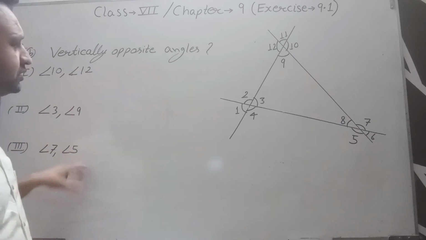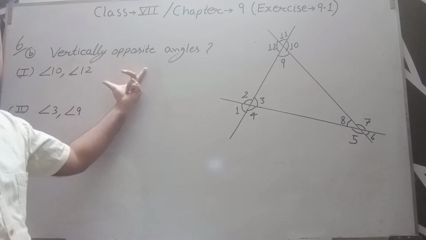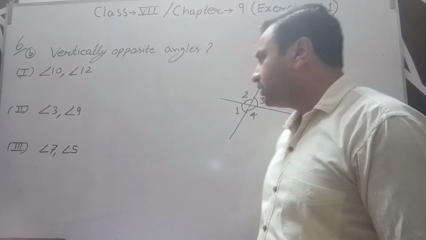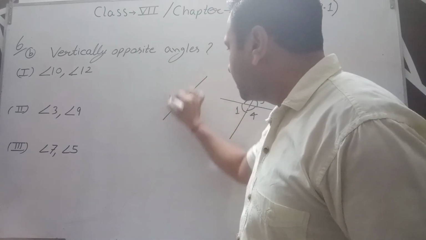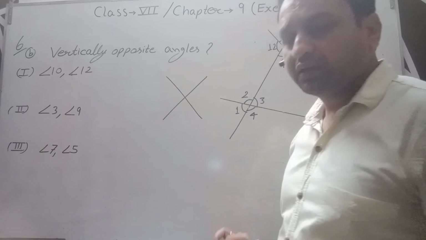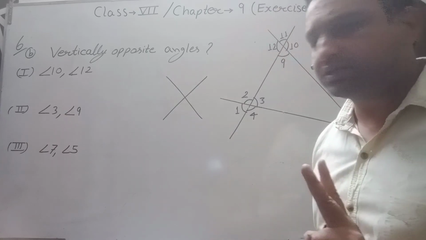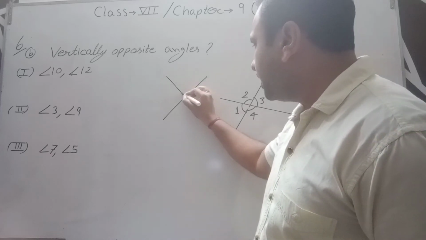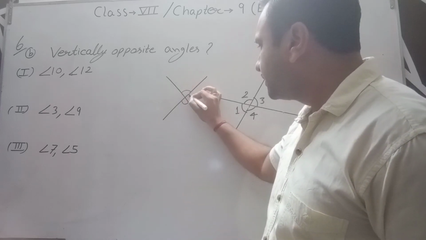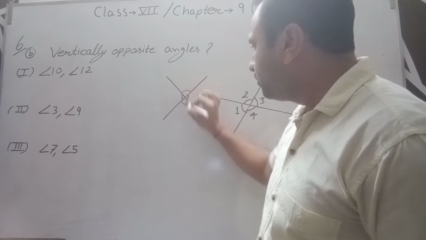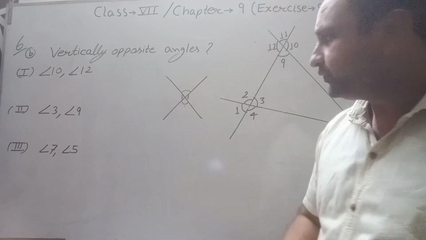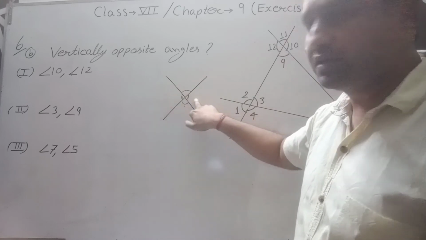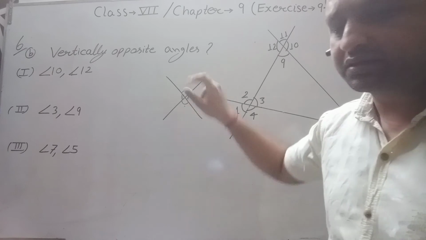Vertically opposite angles: when two lines intersect each other, that is, the first condition, there must be two lines and both lines intersect at one point, then the angles opposite to each other are called vertically opposite angles. These two angles are vertically opposite angles and these two angles are also vertically opposite angles.